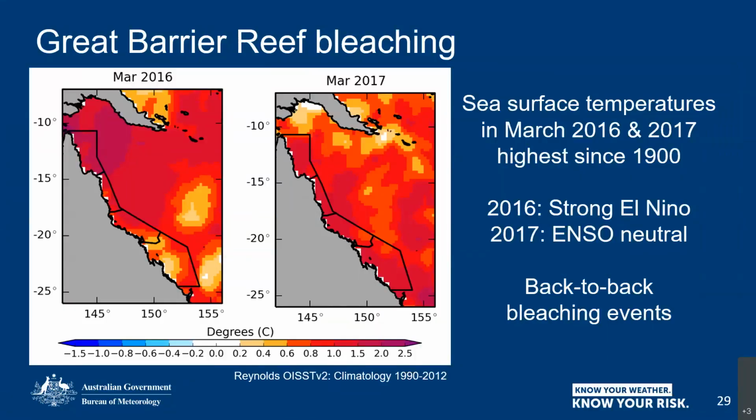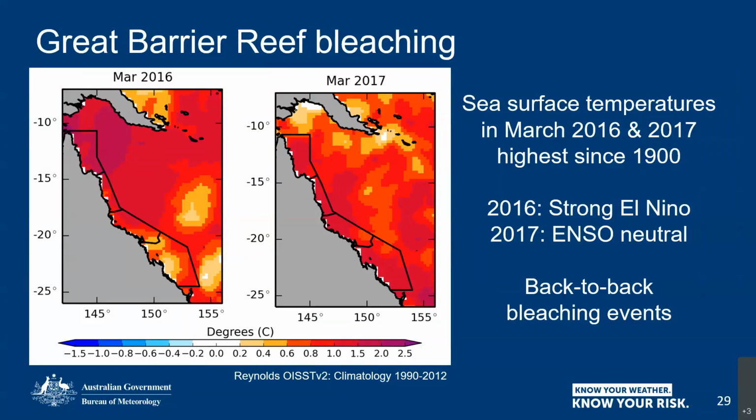So let's focus now on some of the more recent events. We've had 3 mass bleaching events in the Great Barrier Reef in the last 4 years. March 2016 was a big El Nino year where coral bleaching was experienced, and also in March 2017. So we've got a plot here showing ocean temperature anomaly.